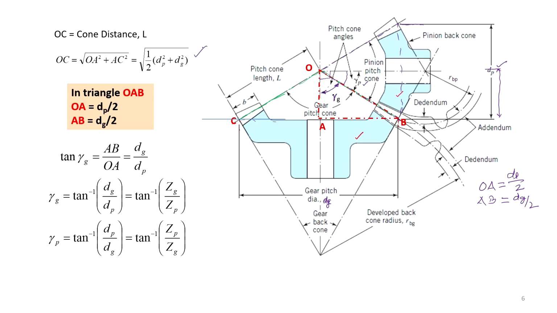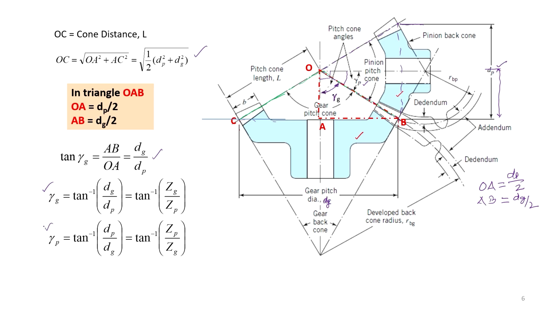Now, using this triangle we can find the pitch angle of the gear, and that is tan gamma g equal to AB divided by OA. AB is DG divided by 2 and OA is DP divided by 2. And so, tan gamma g is DG divided by DP, and so gamma g, the pitch angle of the gear, is equal to tan inverse DG divided by DP, or using the module we can find it as tan inverse of the number of teeth on the gear divided by the number of teeth on the pinion.